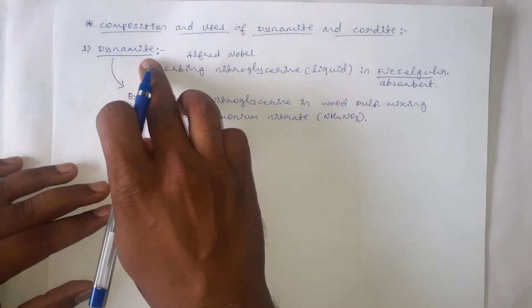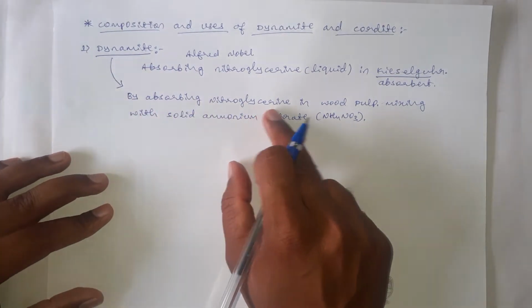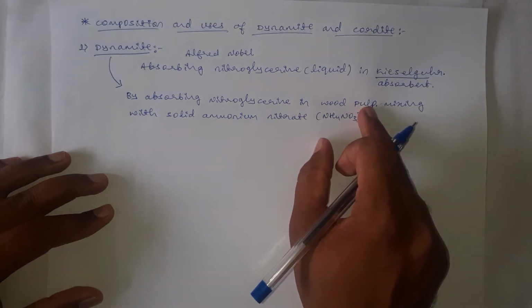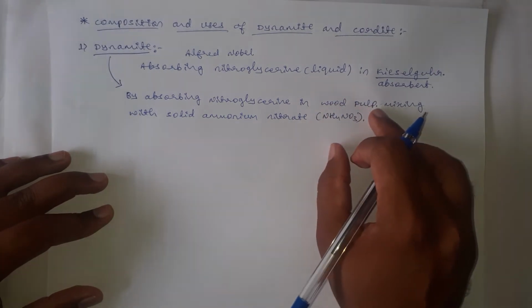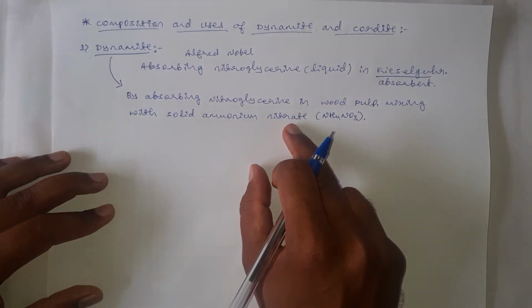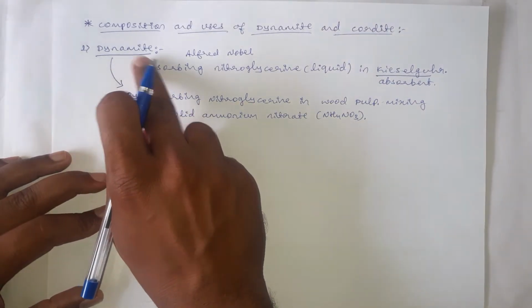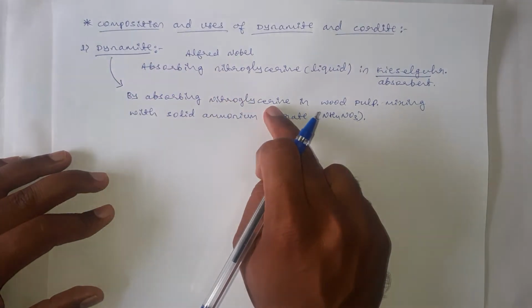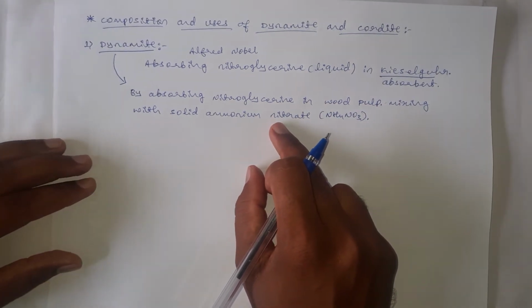Nowadays this dynamite is prepared by absorbing nitroglycerin in wood pulp, the crushed pieces of wood, and then mixing this one with solid ammonium nitrate. Okay. This is all about the composition of dynamite. This dynamite mainly consists of nitroglycerin and wood pulp and solid ammonium nitrate.